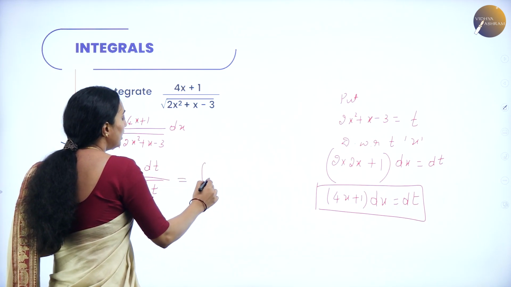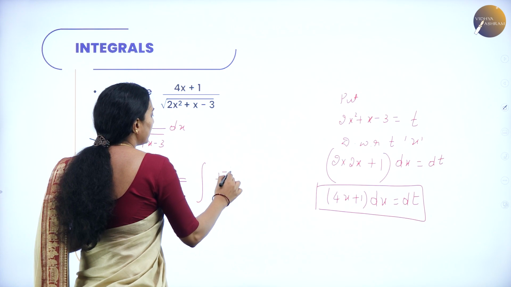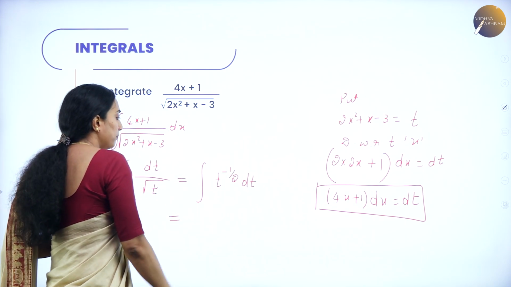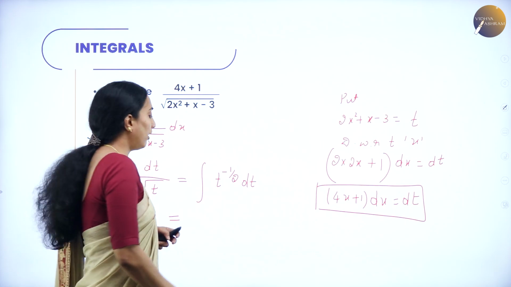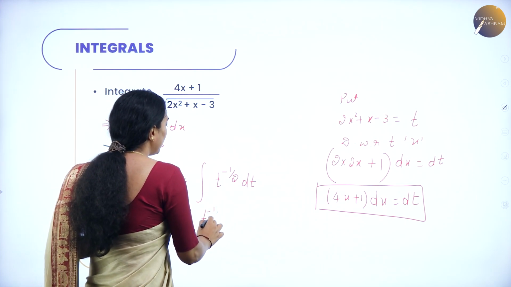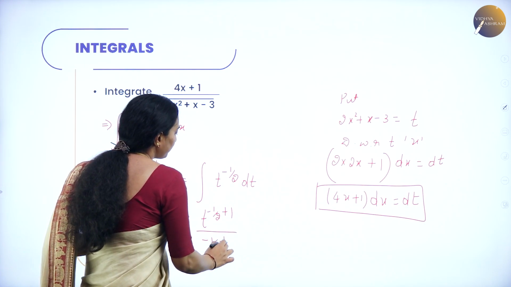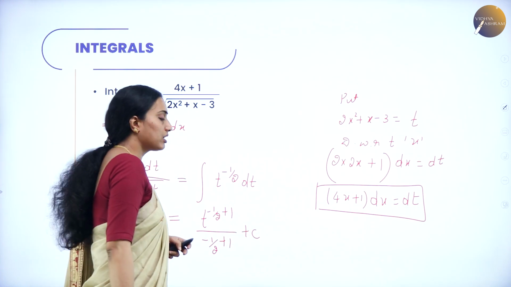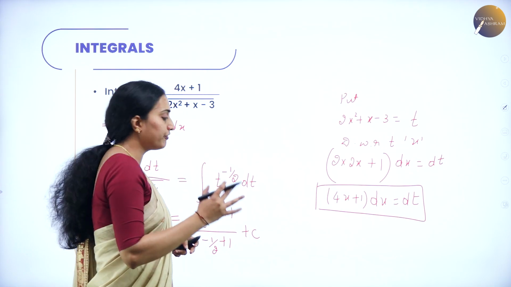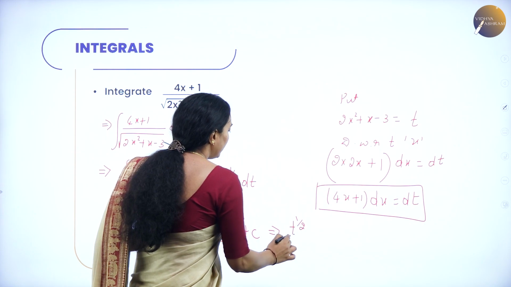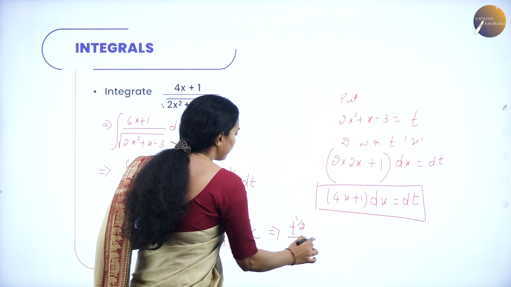dt by root t can be written as t to the power of minus 1 by 2, if it comes to the numerator, into dt, which implies t to the power of minus half. Integration will be t to the power of minus half plus 1 divided by minus half plus 1, plus c. Otherwise, minus half plus 1, minus half plus 1 is half only. You are getting t to the power of half divided by half plus c.